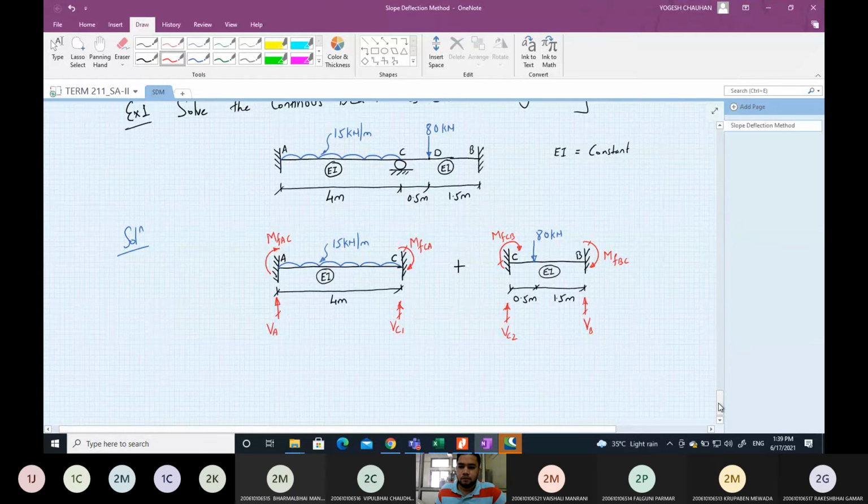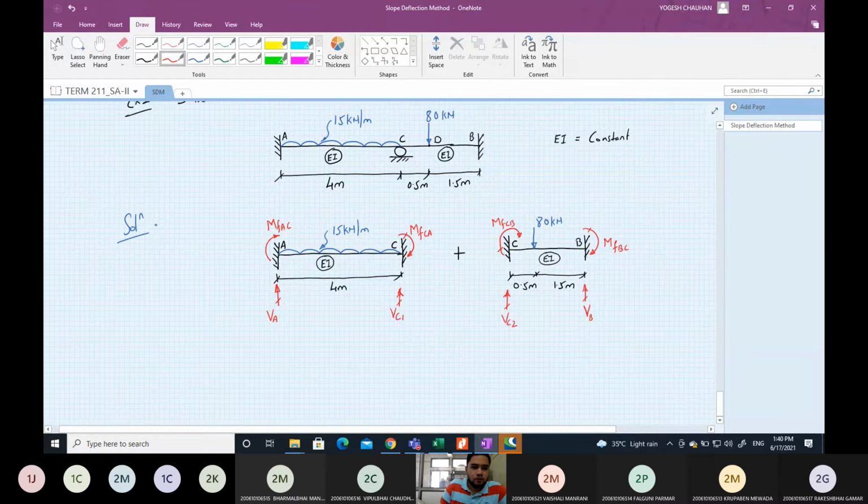Okay, now this is our first step. Step 1 is to split the beams and find fixed moments.